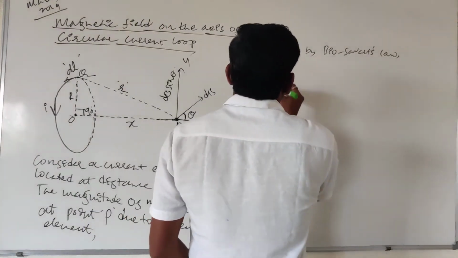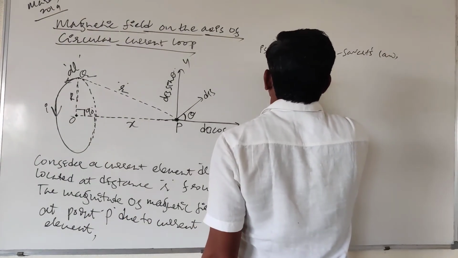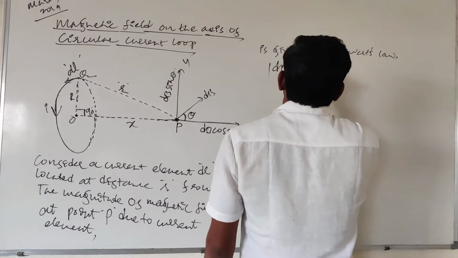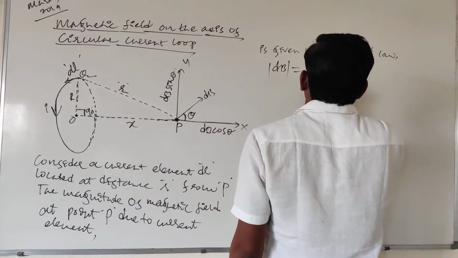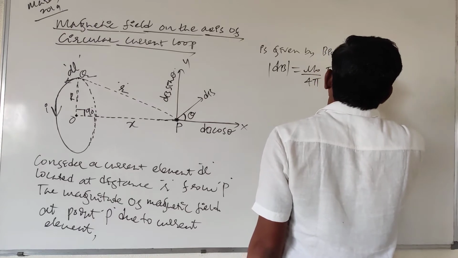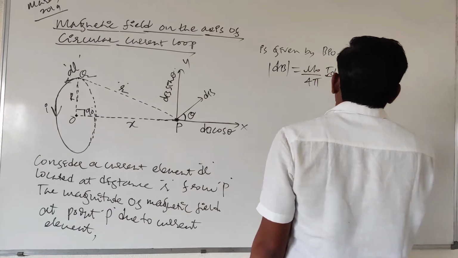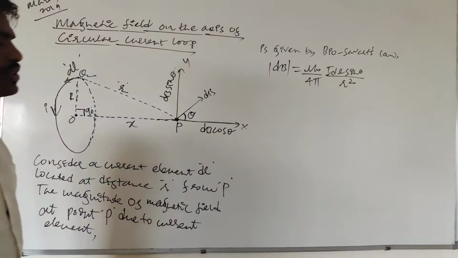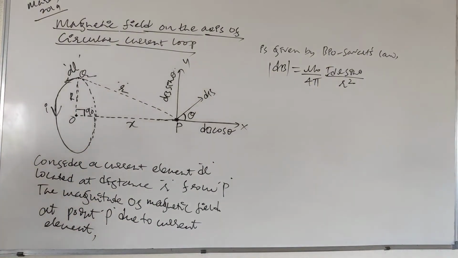So can I write the magnitude of Biot-Savart's law? Mu naught divided by 4 pi, I dl sin theta divided by r square. We know the formula.